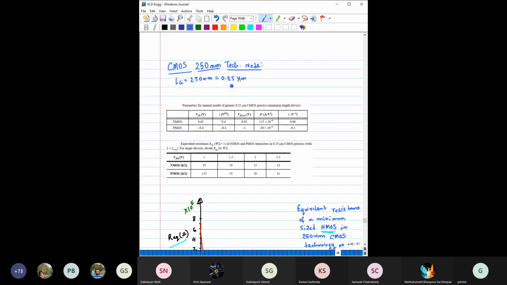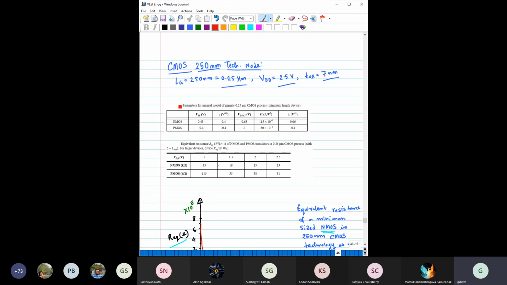So for this technology node, what is the supply voltage VDD? Supply voltage is equal to 2.5 volt. TOX, the oxide thickness, is 7 nanometer. Just a few values, no need to remember all these things. Later on we can compare with different technology nodes, then you will understand it in a better way.